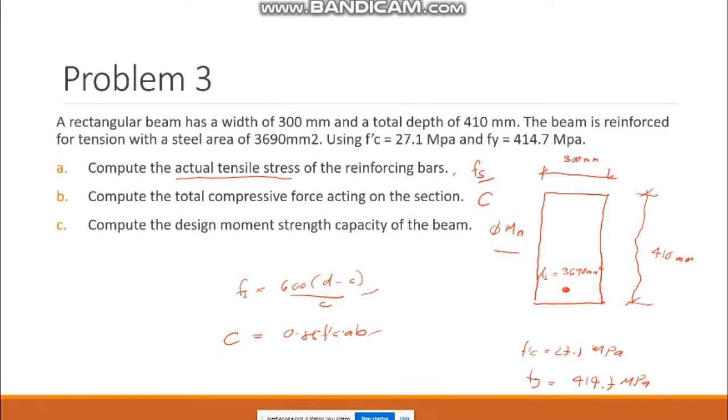So first we compute a, then c, and next Mn. For Mn, you can use As fy (d minus a over 2), or another formula, 0.85 f'c a b times (d minus a over 2).